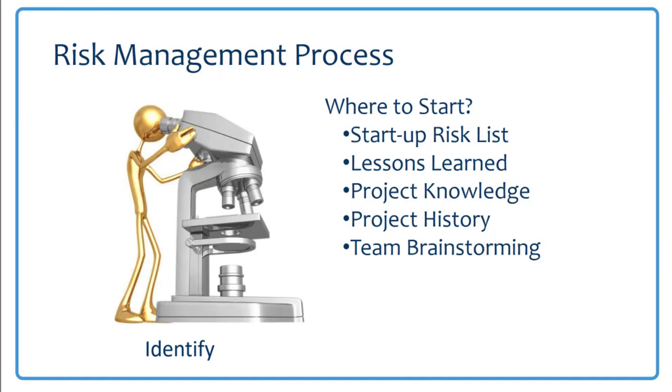There are some pre-established risk startup lists. You can use lessons learned or previous project history or knowledge to come up with potential risks, and also team brainstorming. And we get much of this information from past experiences and project knowledge from those that have been involved in the project or similar projects.